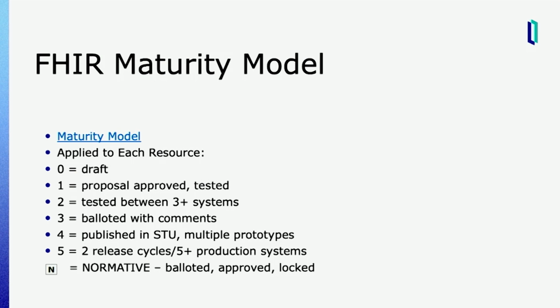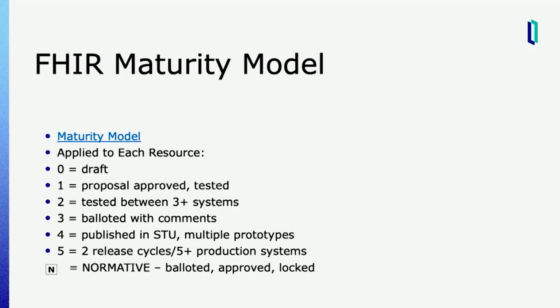And it's based on objective software maturity tools from the past, so that a FHIR resource, when it's first proposed, if you will, and there are a few that are newly proposed, when it's first proposed, it's a 0, maturity level 0, which means it's draft, it hasn't been implemented, and then it goes through stages of testing, actual using it in connectathons, FHIR connectathons, which are something that HL7 has 3 times a year, and it has to be published in at least 2 release cycles to graduate to the higher levels of maturity, and to be used in multiple countries to reach the highest level of maturity.